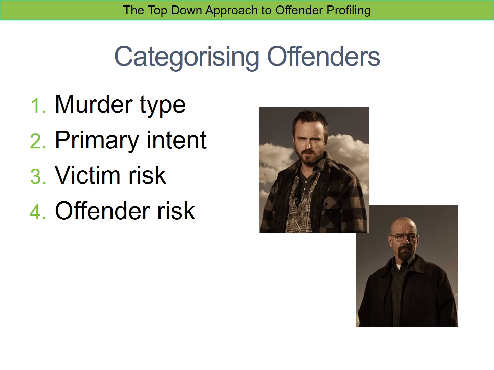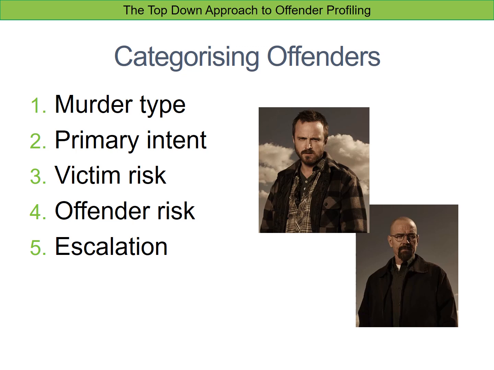Offender risk is how much of a risk the offender is likely or has taken within that crime. So a high risk crime would be in broad daylight, maybe somewhere where they might be seen, and a low risk crime would be somewhere maybe at night and away from the public eye. So all of those things can tell them a little bit more about what the offender is like.